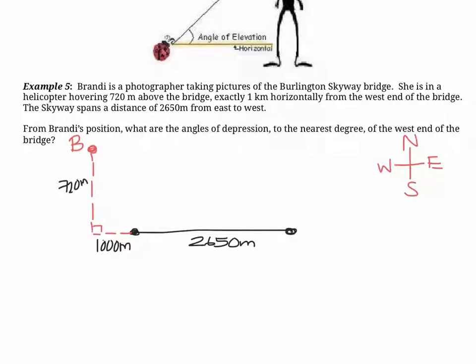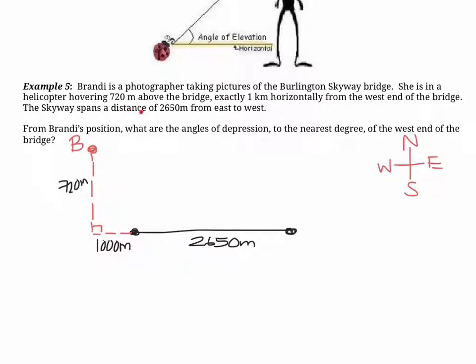Okay, let's make sure that we've got everything. Brandy's a photographer, she's taking pictures, she's in a helicopter hovering 720 meters above the bridge. Really that should say above the ground. Above the bridge may make you think it's this way, but what this really means is above the ground. Exactly 1 kilometer horizontally from the west end of the bridge.